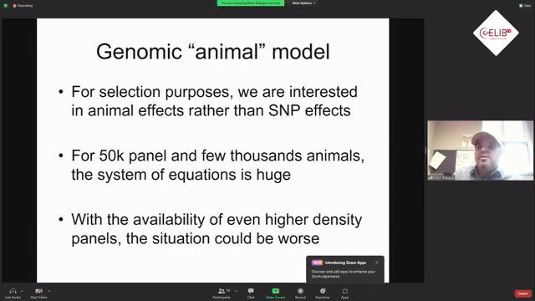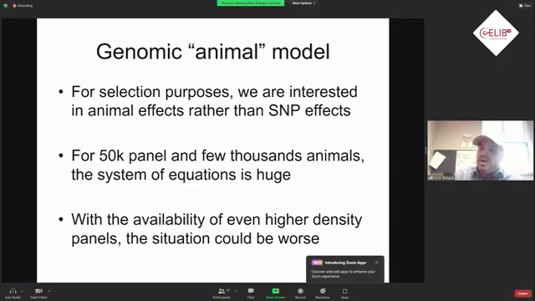In a genetic evaluation, I want to have the breeding values or the genomic breeding values of my animals in order to identify superior ones for generating the next generation. So from that point of view, having a genomic animal model where I get directly the genomic breeding value is kind of attractive to some people.